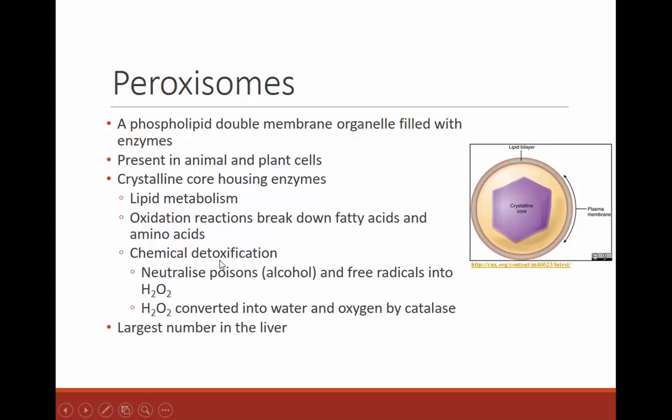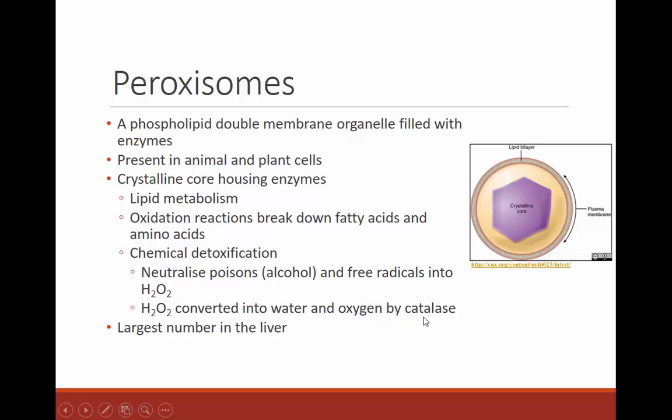And detoxification. So what it does, these peroxisomes, they can neutralize poisons such as alcohol. And what they do is they transform them, or metabolize them, to produce hydrogen peroxide, H2O2. Yeah? And then that H2O2 is converted into water and oxygen by an enzyme known as catalase.